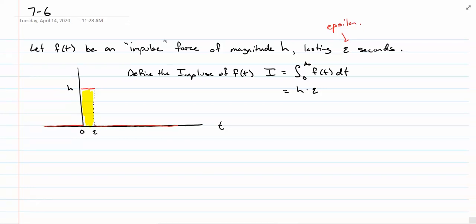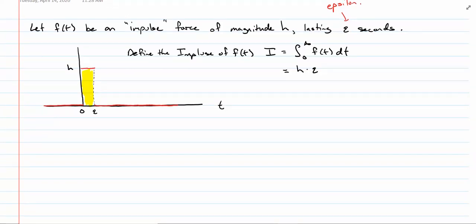What we would like to do mathematically is imagine this with epsilon being extremely small, in fact basically letting epsilon go to 0.